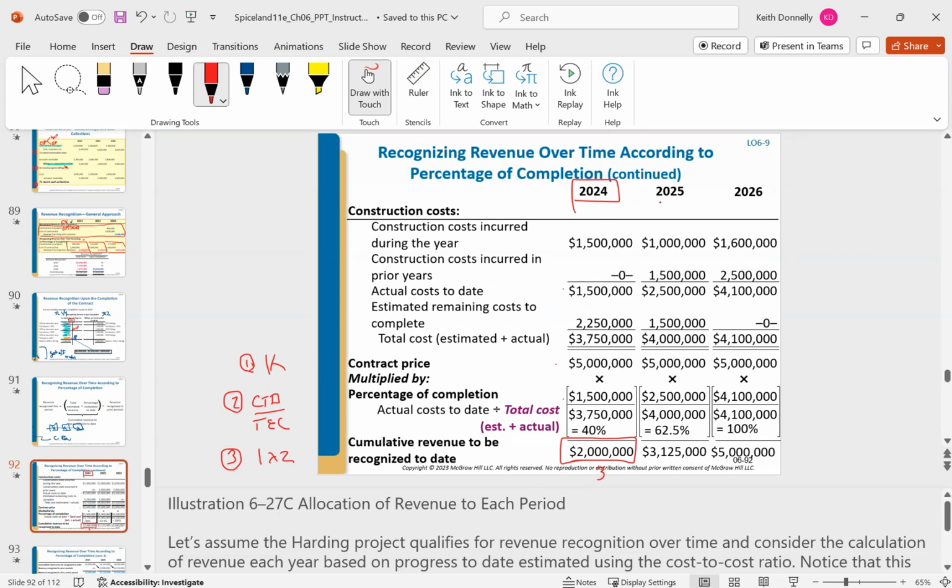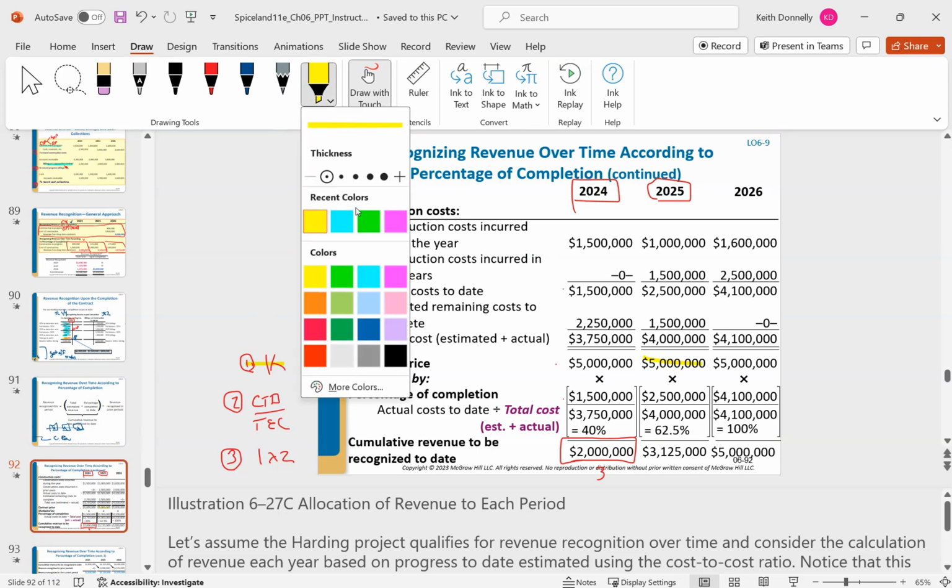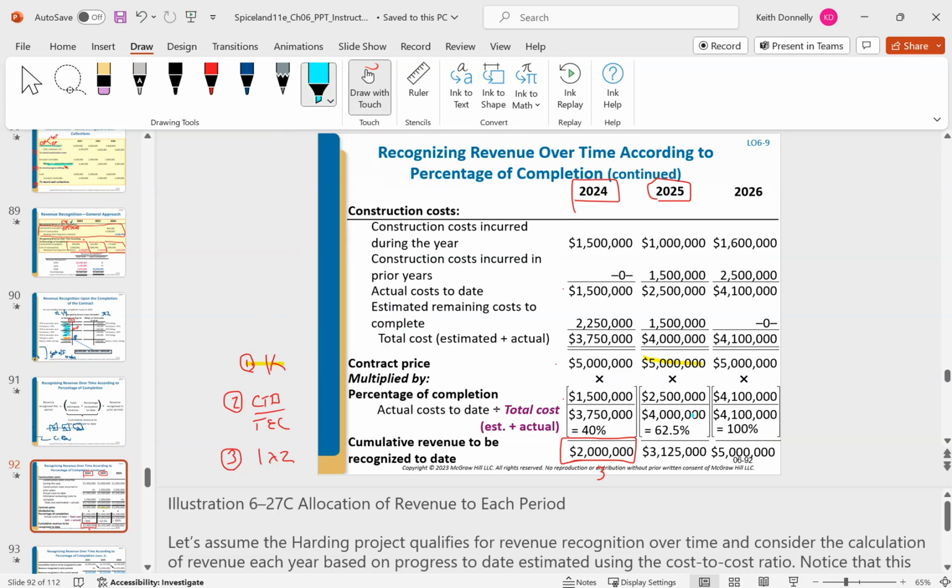That was for 2024. Let's do it for 2025 just to show that it changes. We have the contract price, 5 million, not too hard. We have our cost to date over our total estimated cost. This changed from last year. It was 1.5, now it's 2.5. Our cost to date in year 2, from the eyeball perspective, is the million up here that we had during the year plus prior year's cost.